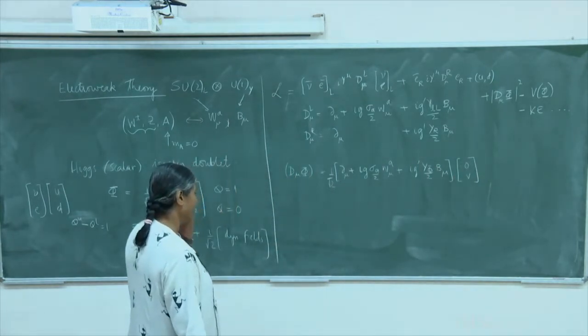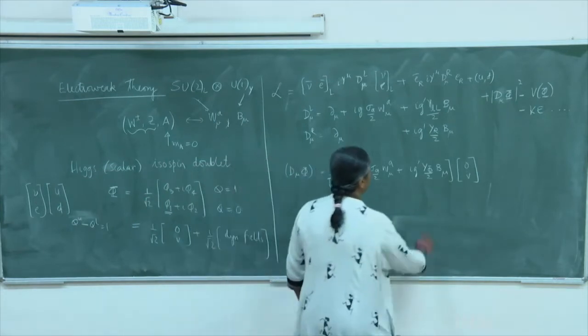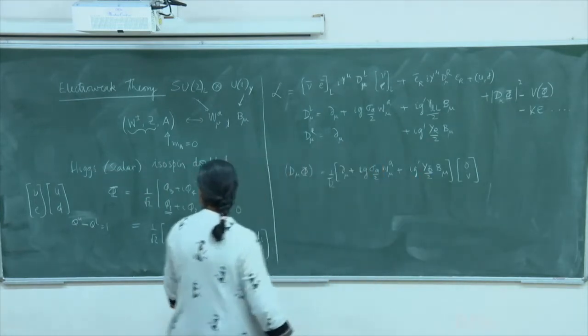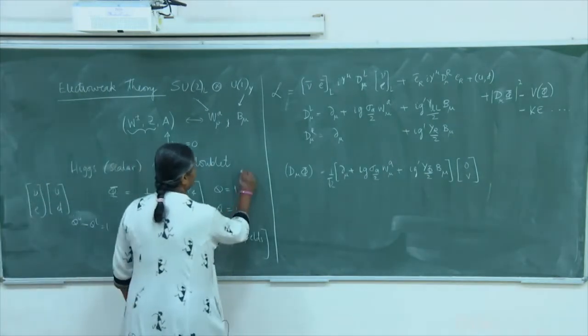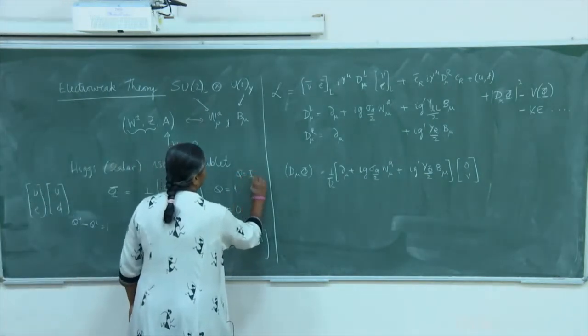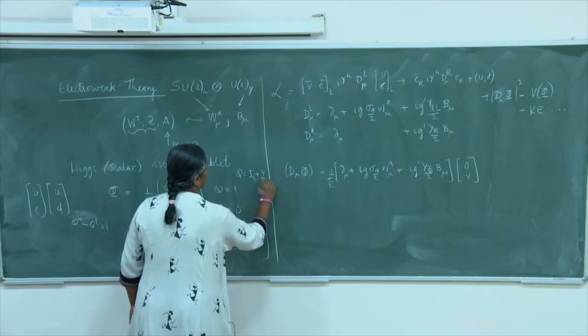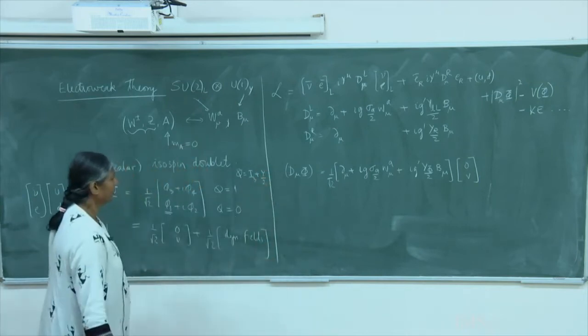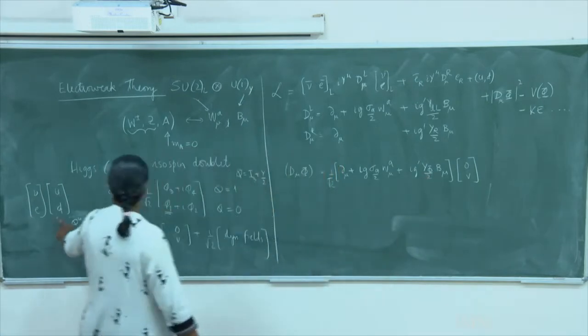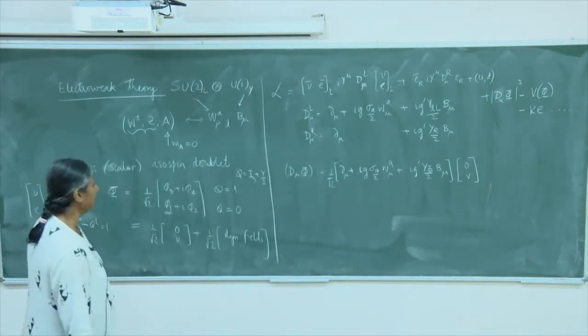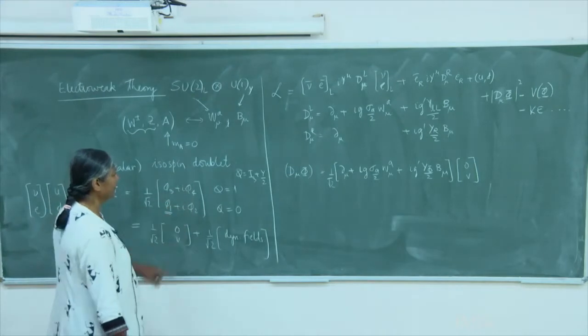So now I will have to write it again, except before I continue, let us ask what is the hypercharge of this field. So we have written Q is equal to I3 plus Y by 2. Because it is in a doublet, the hypercharge should be the same for both the members of the doublet. We will just check it here.